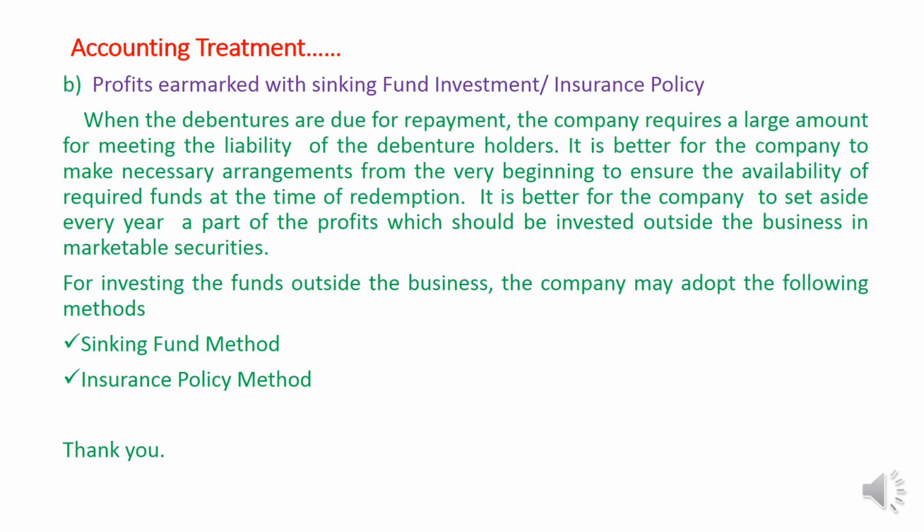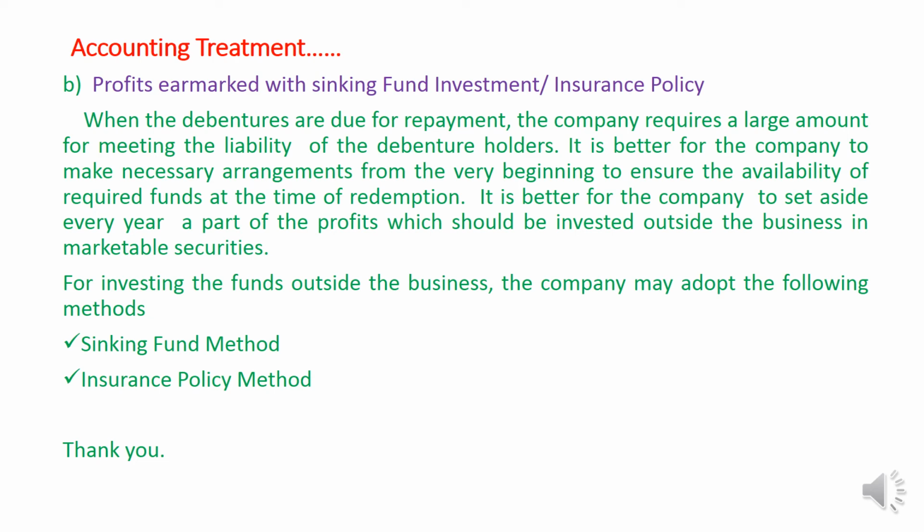The company has debentures amounting to rupees 5 lakh. This amount is to be redeemed in 2025. They want rupees 5 lakh at the time of redemption in 2025. Instead of investing the money inside the company, the company can invest this money outside of the company.